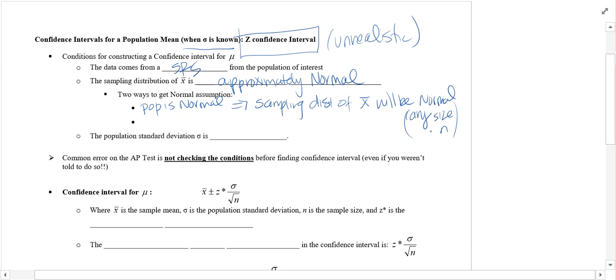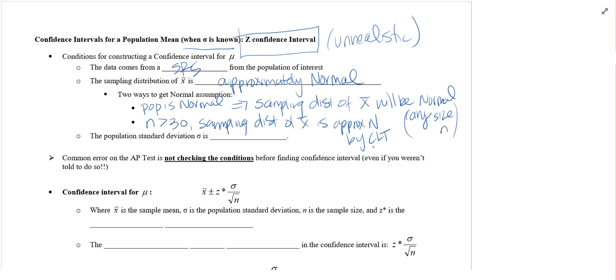Small or large, it'll be normal. Or the second way is if we don't know the population's normal, if our n is greater than 30, the sampling distribution of X bar is approximately normal by the CLT.